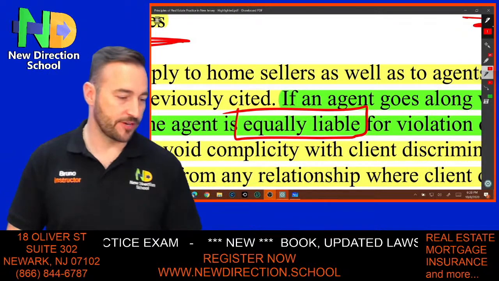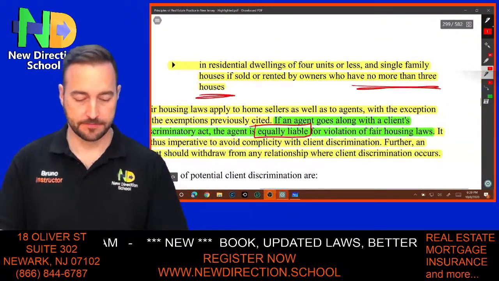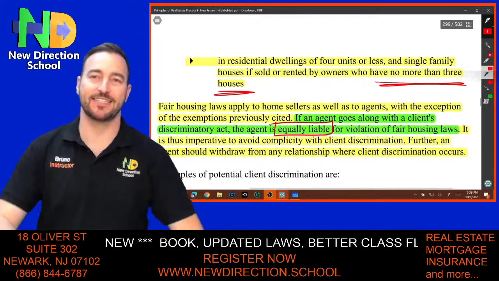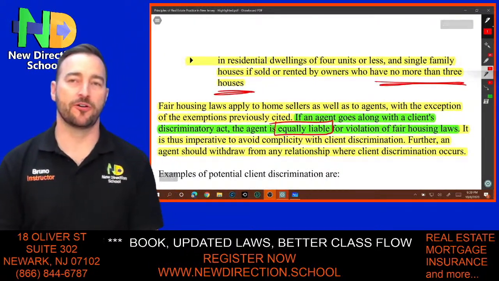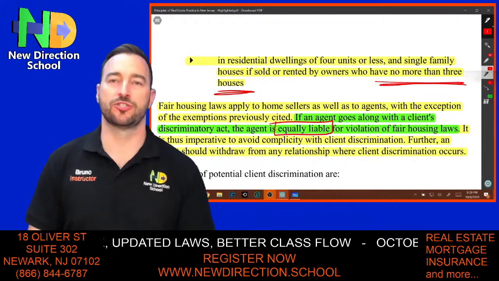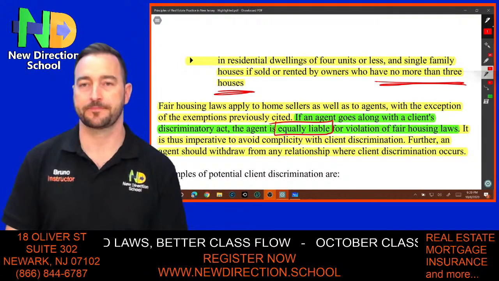Equally liable for the violation. Okay? It is thus imperative to avoid complicity with client discrimination. Further, agents should withdraw from any relationship where client discrimination occurs.